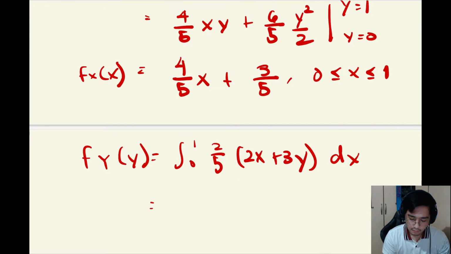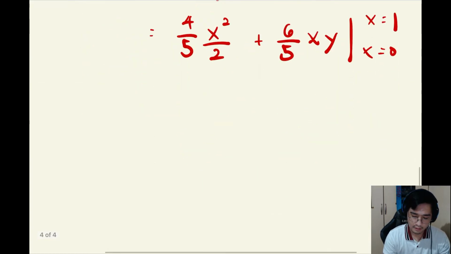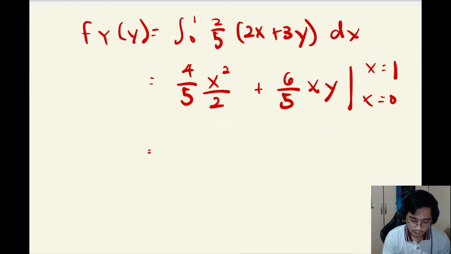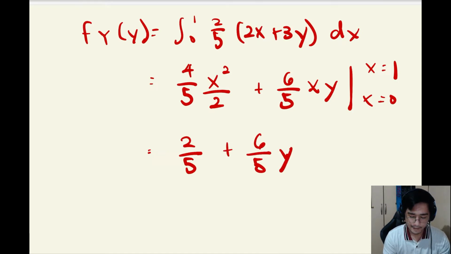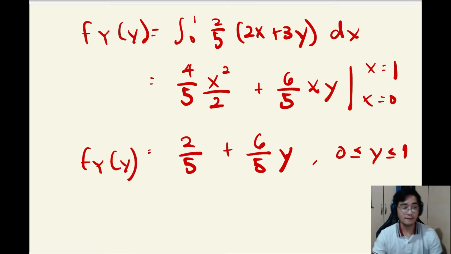So this is 4 over 5 x squared over 2 plus 6 over 5 xy, where x is between 0 and 1. This is equal to 2 over 5 plus 6 over 5 y, for y from 0 to 1. So this is now our marginal PDF of y.